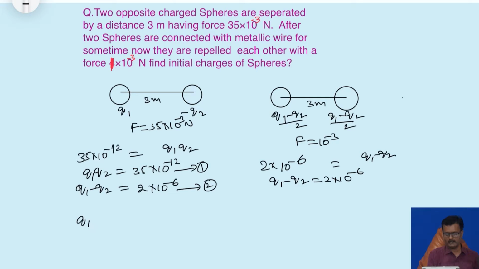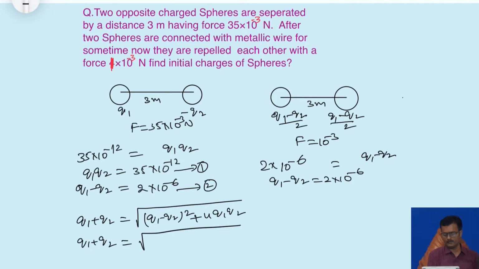Immediately we can calculate q1 plus q2: the square root of (q1 minus q2) whole square plus 4 q1 q2. So q1 plus q2 is equal to square root of (2 into 10 power minus 6) whole square plus 4 into q1 q2, that is 35 into 10 power minus 12. So here 2 square is 4, and 10 power minus 6 whole square is 10 power minus 12. 4 into 35 is 140.